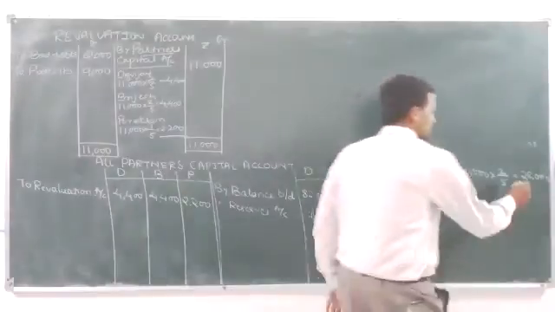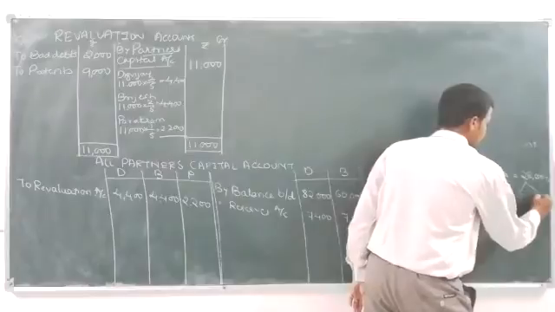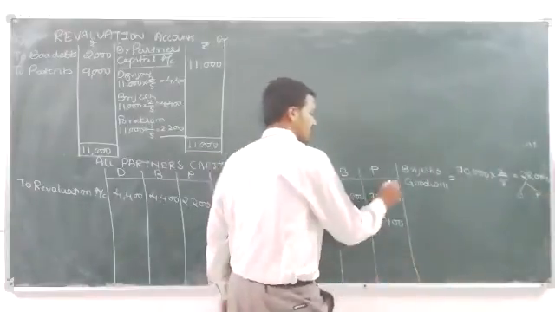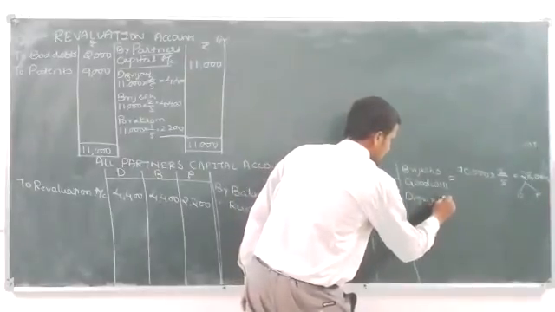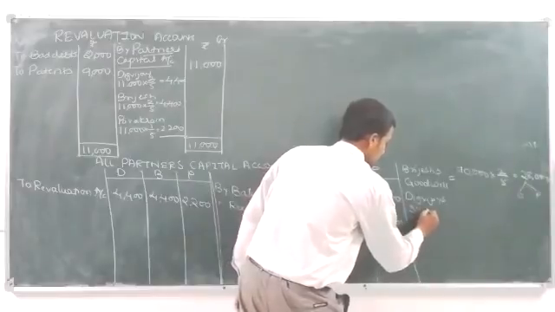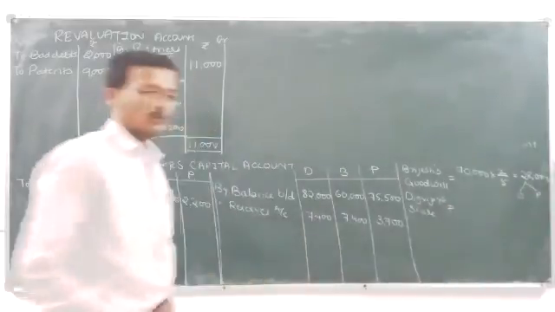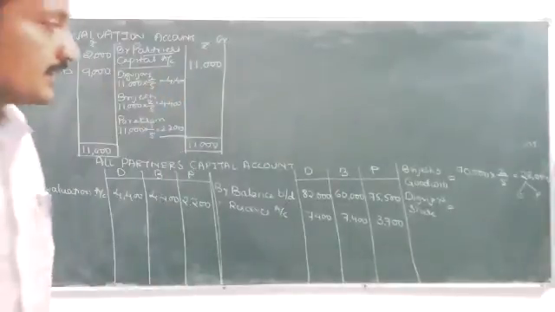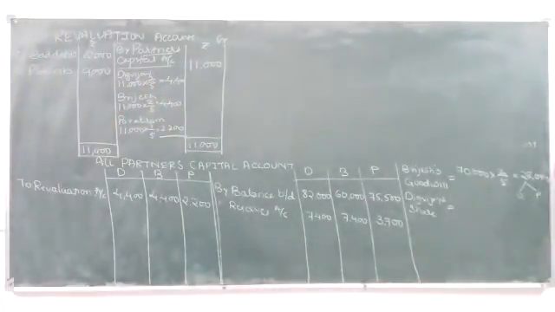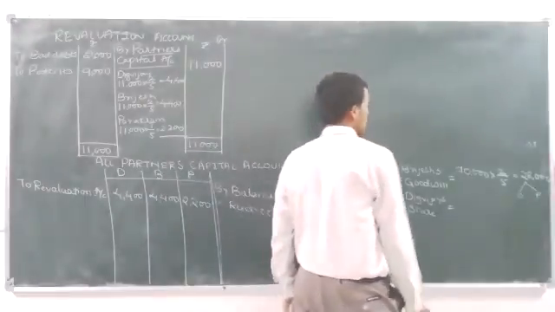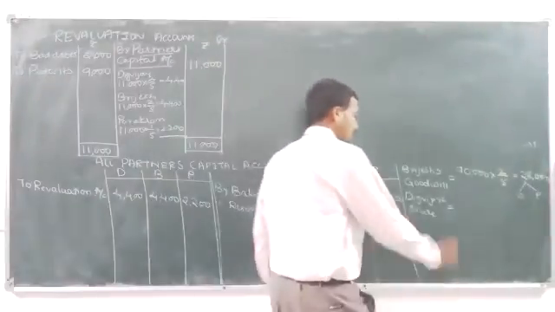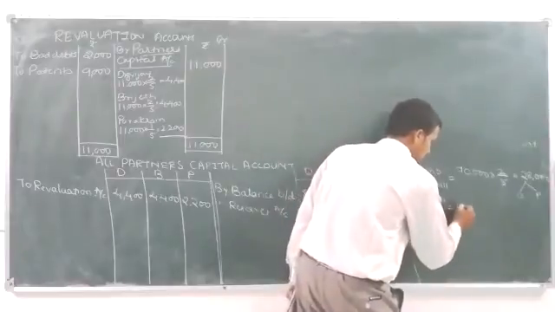And this 28,000 will be shared by Digvijay and Parakram. How will they share? Actually they need to share in the gain ratio, but as nothing is mentioned about gain ratio in this problem, we can distribute it in the old ratio. Out of 2:2:1, if you remove 2, what remains is 2/3 and 1/3.